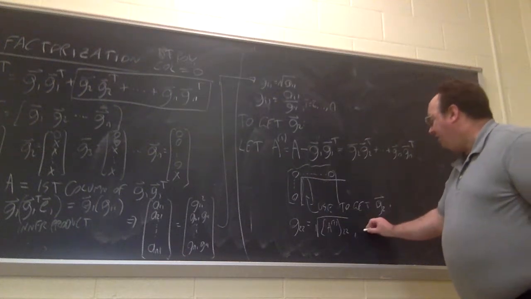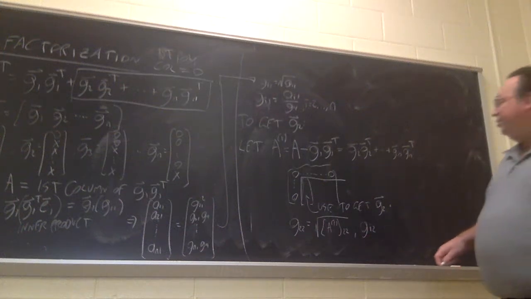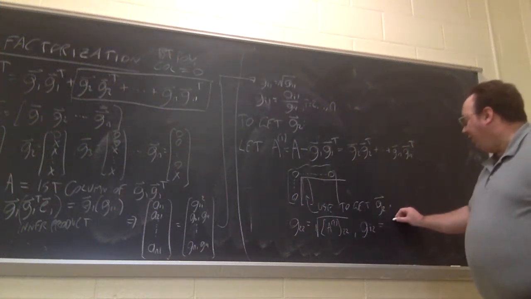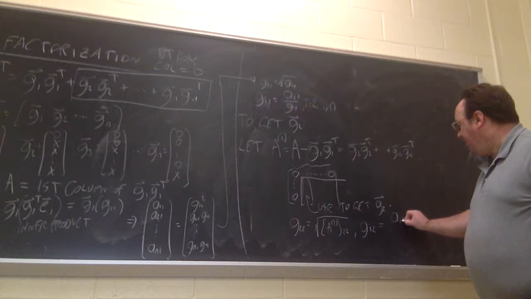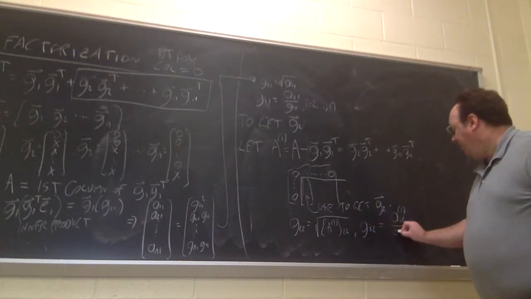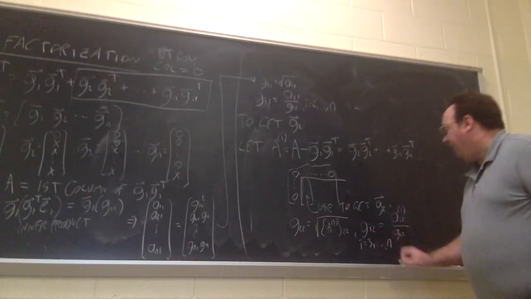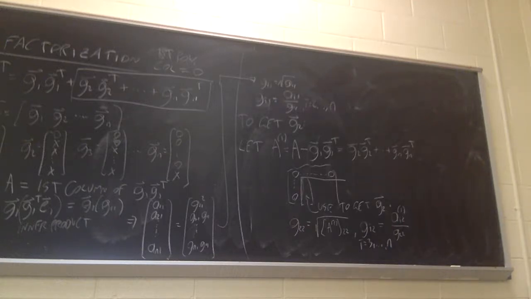And then all other entries of G2 would be the corresponding entry of A1 divided by G22. This is for i equal 3 up to n. Now, I've included this superscript here so you can see for yourself, okay, that's not the original A. It's an updated A, just to avoid confusion.